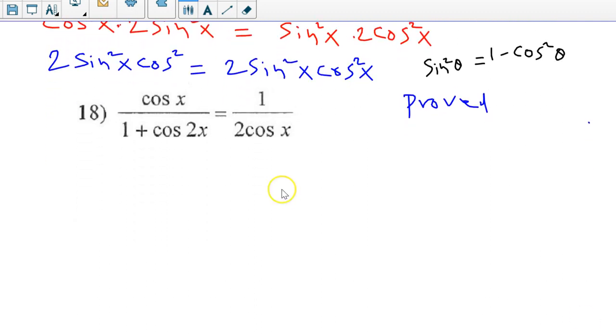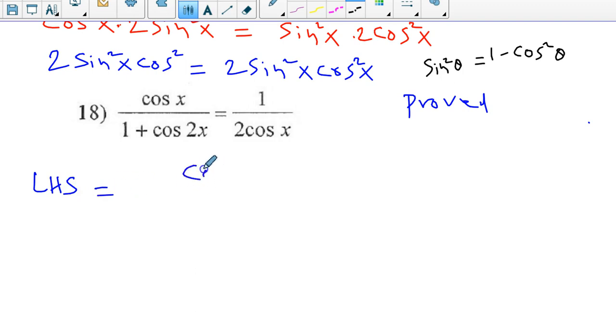Alright, now this next problem, you have cosine x over 1 plus cosine 2x is equal to 1 over 2 cosine x we have to show. So in this, we will simplify the left hand side and try to go to the right hand side. Okay, let us start off from the left hand side.